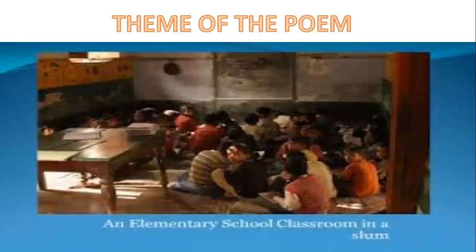Let's see the theme of the poem, An Elementary School Classroom in a Slum. The poem touches upon themes of social injustice and class inequality. It questions the value of education in a slum. It exposes the widespread neglect of these children who are uncared for, like ruthless weeds.